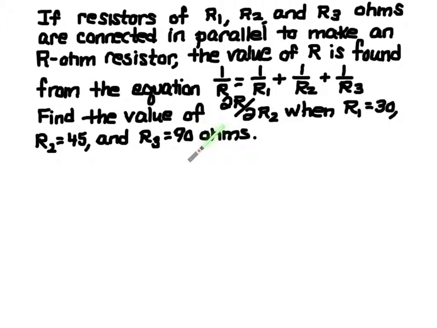Find the value of the partial derivative of R with respect to R2 when R1 equals 30, R2 equals 45, and R3 equals 90 ohms.